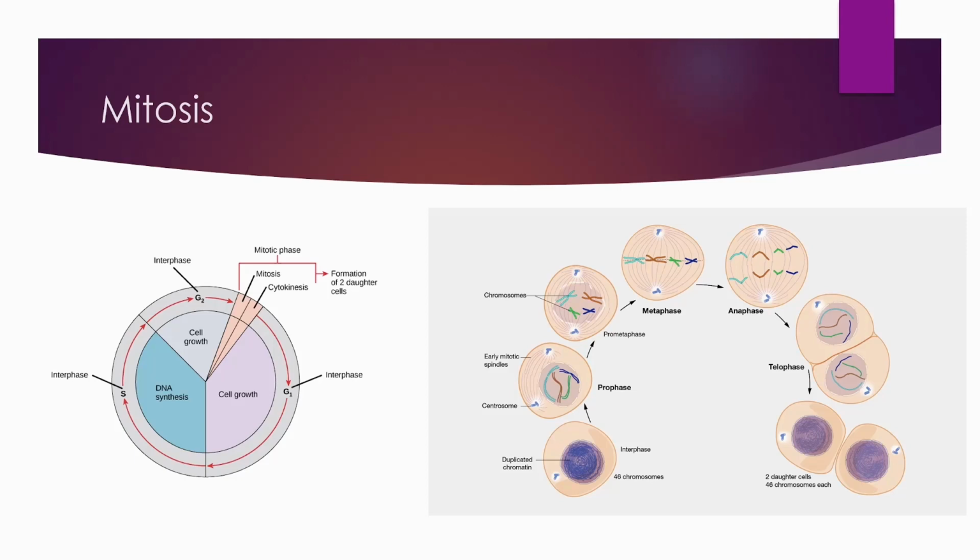After replication, each chromosome consists of two identical chromatids that are bound together at a specialized region known as the centromere. Now I'll take a quick break and talk to you guys about the difference between chromatids and chromosomes. So the initial one part right here is known as a chromatid.